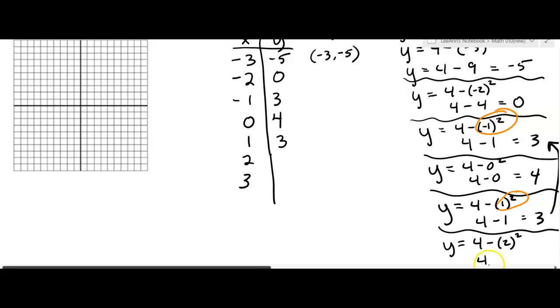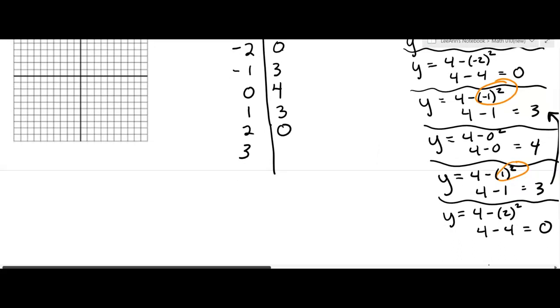So I have 4 minus 4, which is 0. Again, we see that matching up, 0 and 0, right? Okay. And then the last one, you could probably figure it out, but let's just double check in case we made a mistake. y equals 4 minus 3 squared, or 4 minus 9, which is -5.